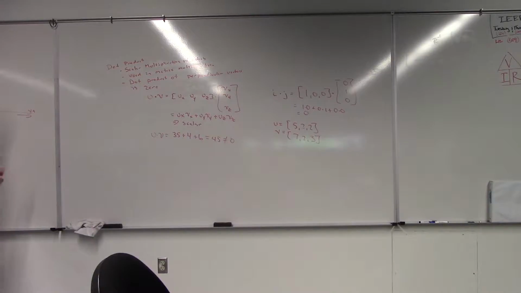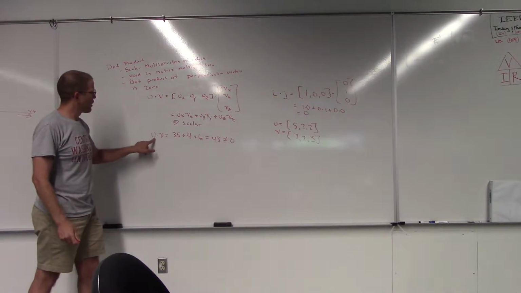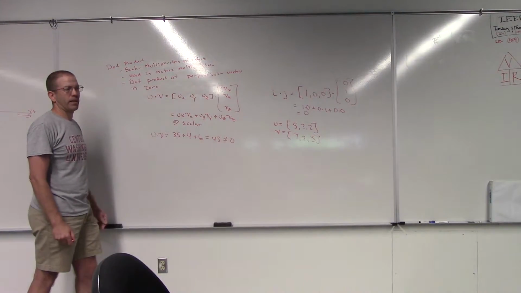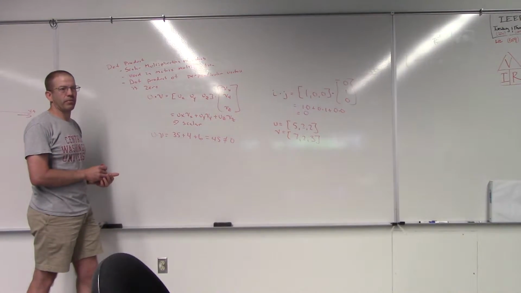Turns out that if these two vectors are unit vectors, then the dot product represents the cosine of the angle between them.